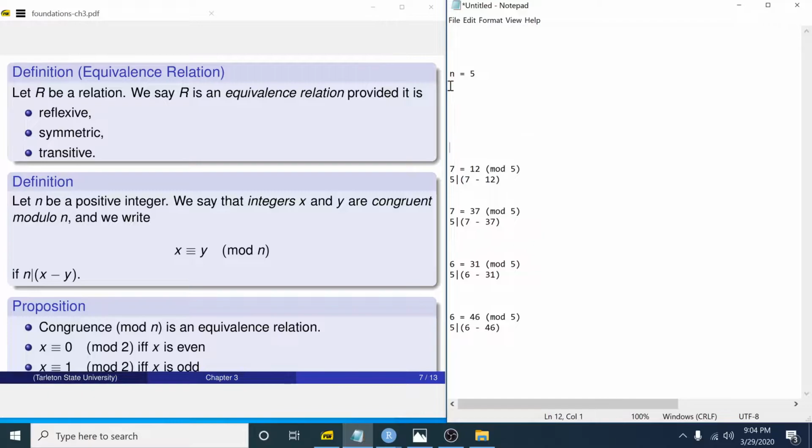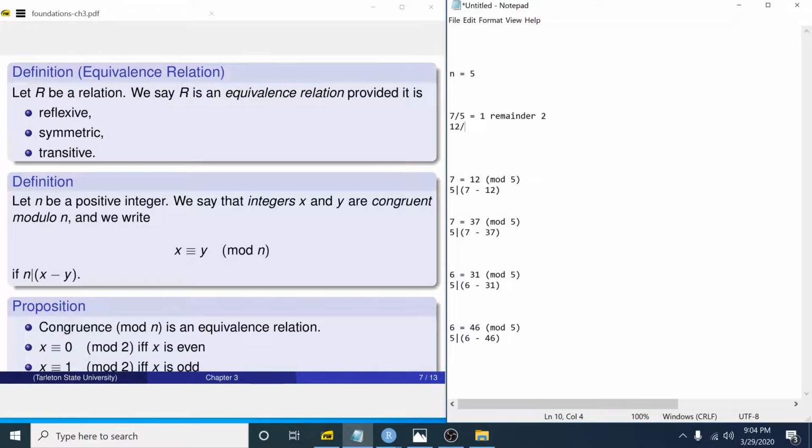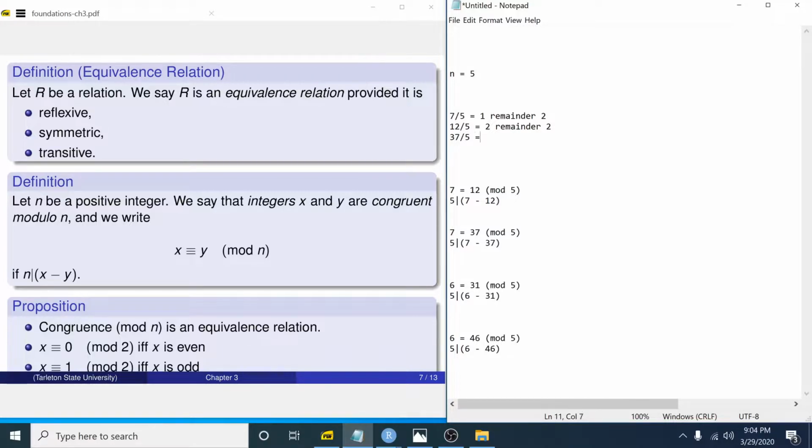In this case, n is 5. So let's say we do 7 divided by 5. What is that going to be? Well, we're going to get 1 remainder 2, right? What if we take 12 divided by 5? In that case, we're going to get 2 remainder 2. What if you take 37 divided by 5? Well, that's going to be 7 remainder 2.